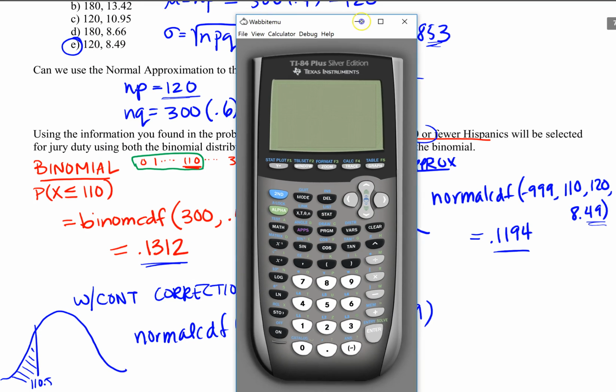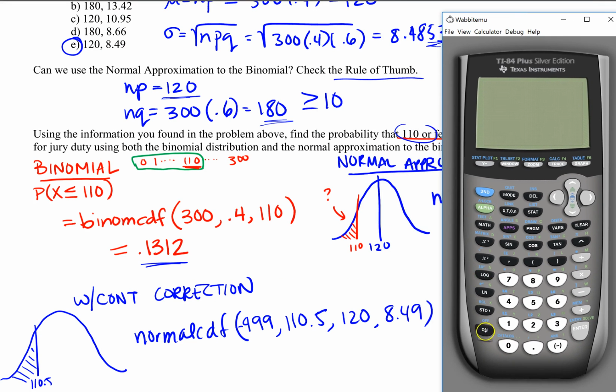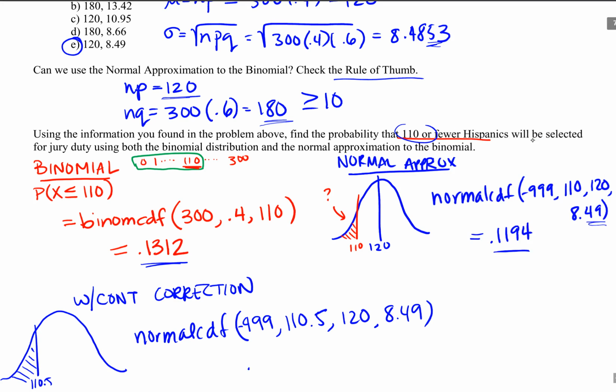When I bring this up, I'm just going to do second enter, and I'm going to go ahead and insert 0.5. Now we get out a probability of 0.1314, which is so much closer to our real probability. So the continuity correction makes a big difference.